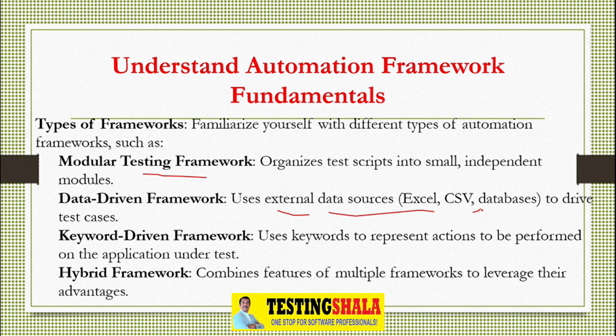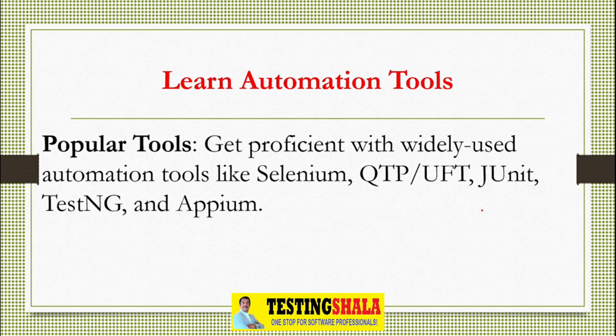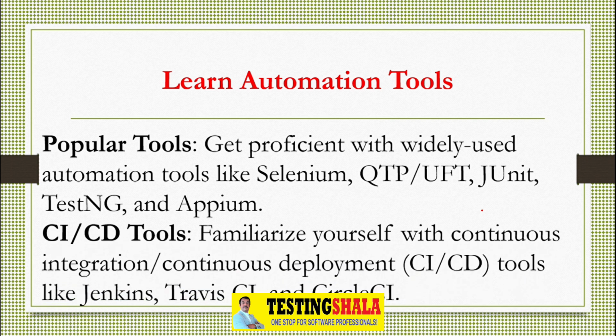And you should also learn various automation tools, one or two you should pick up, and you should start gaining mastery in these tools as well. There are various tools available in the market. At least learn a few, like Selenium, QTP or UFT, JUnit, TestNG, and Appium for mobile apps. These are certain popular automation tools which you can try.